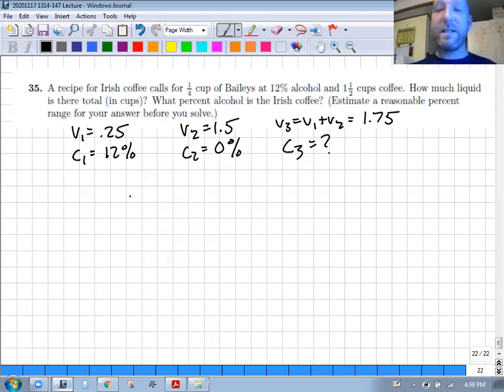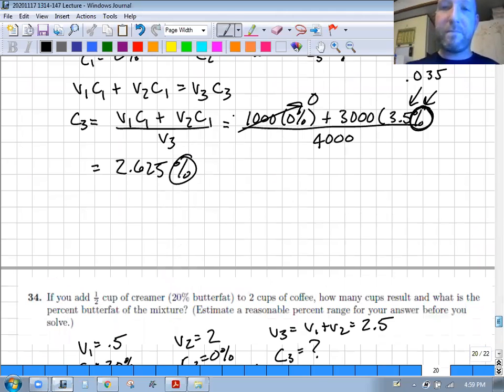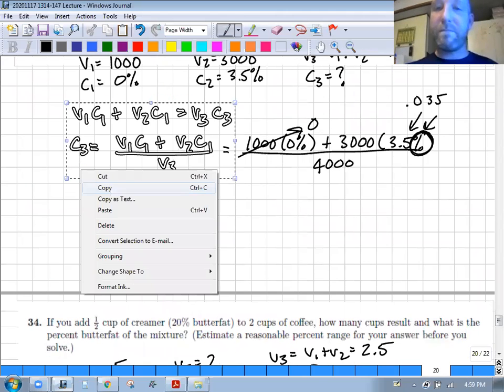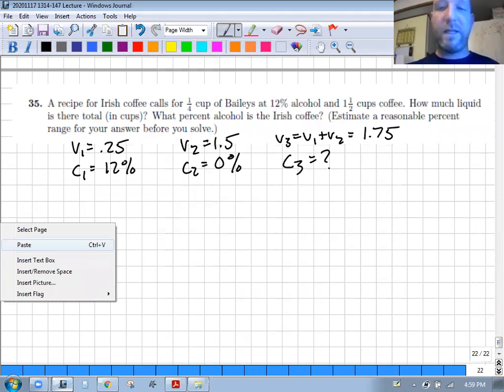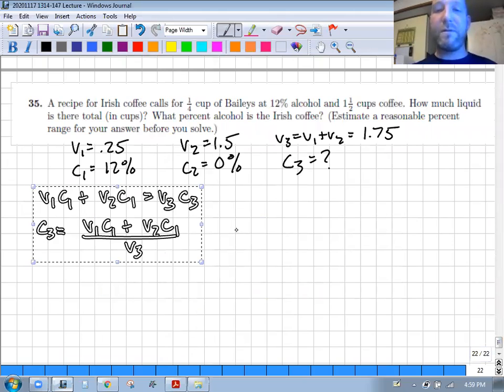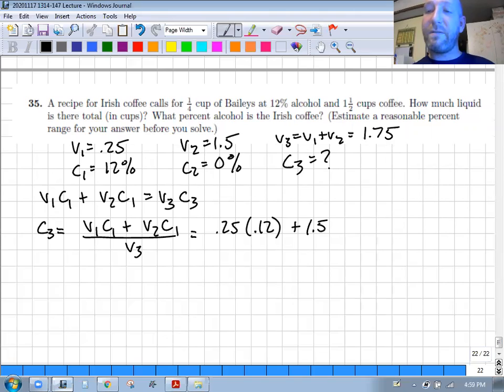This is going to be exactly the same formula from up here. We lay down our standard formula, divide both sides by V3, and plug in our numbers: 0.25 at 12%, 1.5 at 0%, and then we've got 1.75.